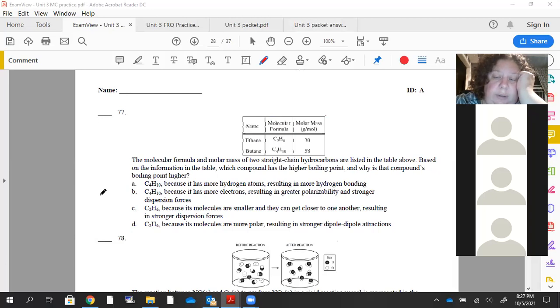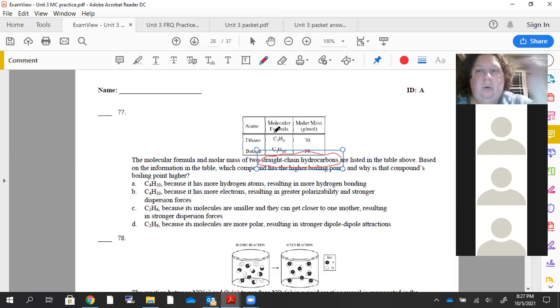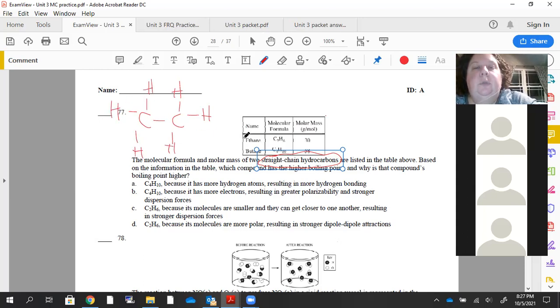So if this is an intermolecular force question, we've got to think about the structure of these two molecules. They tell us that they are straight chain hydrocarbons, which hopefully triggers that they must be in a straight line. So ethane is 2 carbons with 6 hydrogens.